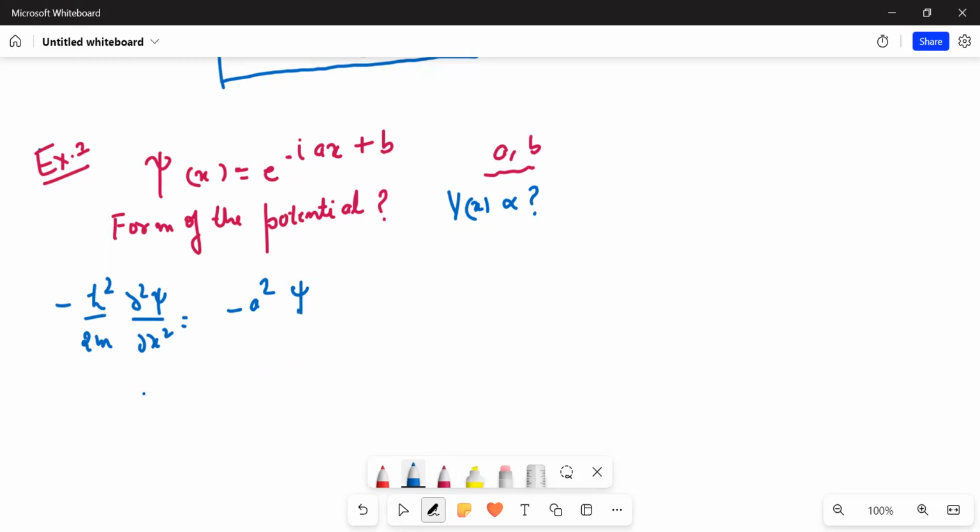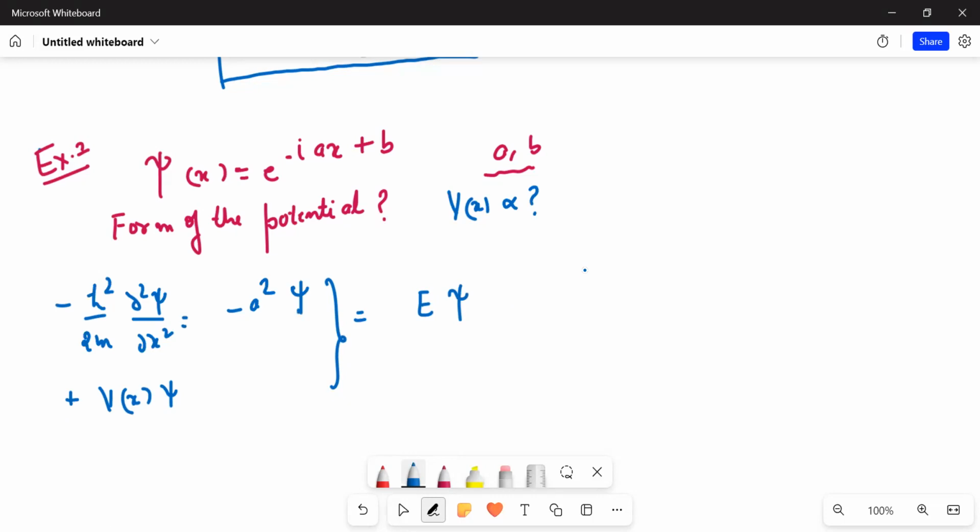And if I just add the potential, V(x)ψ, this entire thing should be equal to a constant E times ψ.